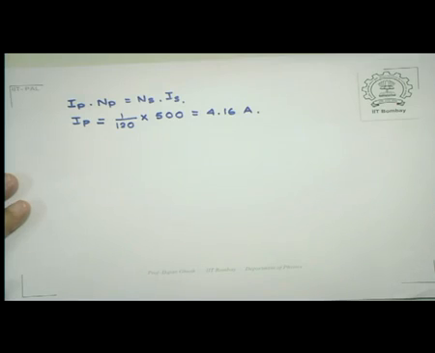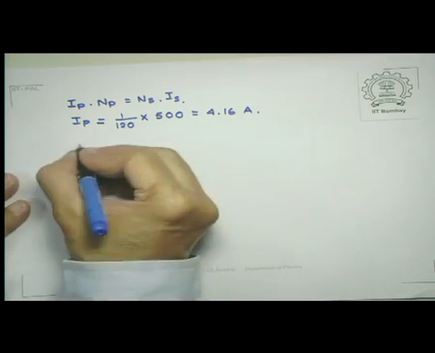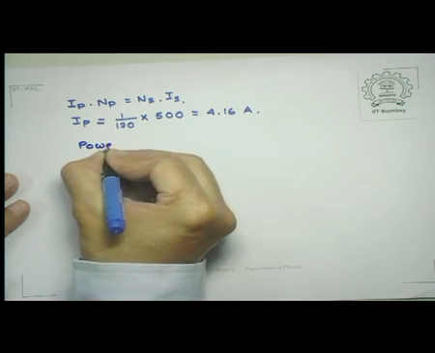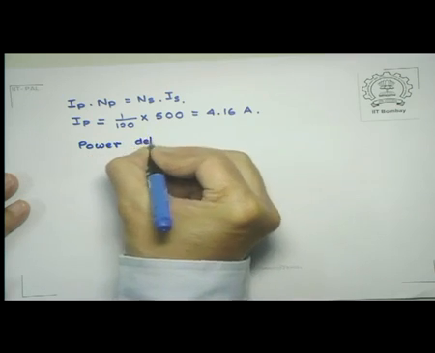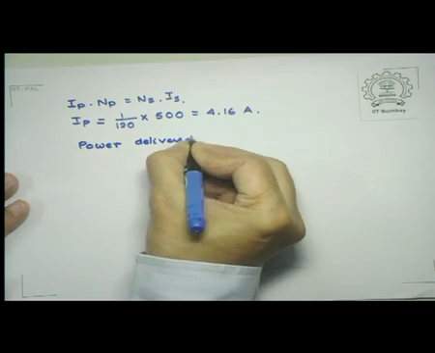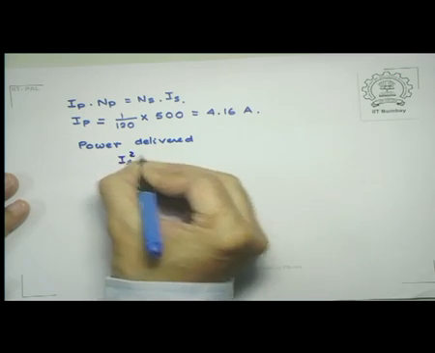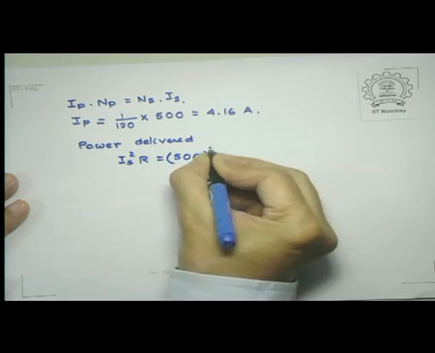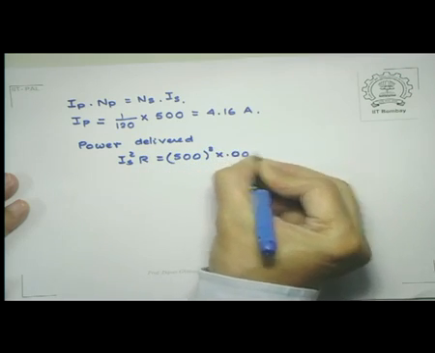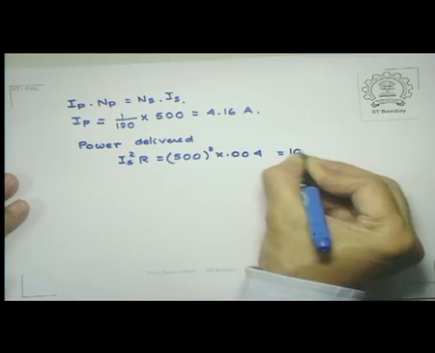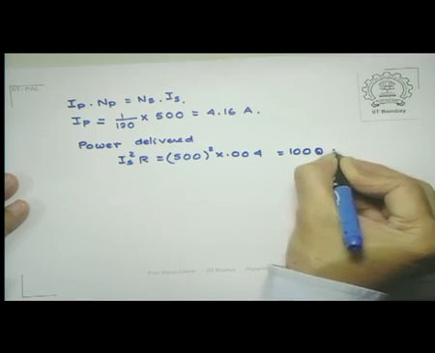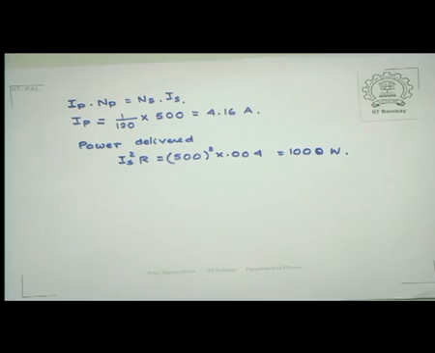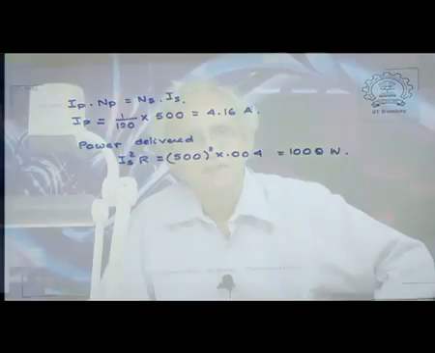How much power was actually delivered by the secondary circuit? The power delivered by the secondary circuit is Is square R, and that's simply equal to 500 square multiplied by 0.004, and that's about 1000 watts. This is usually good enough power to melt the piece of nail in, let's say, a couple of minutes.